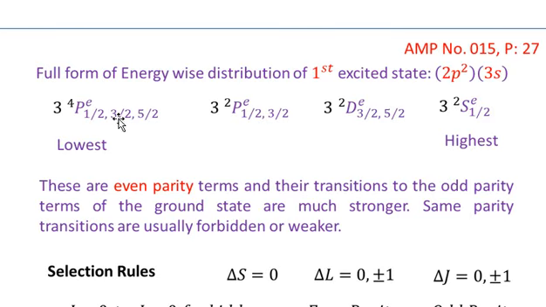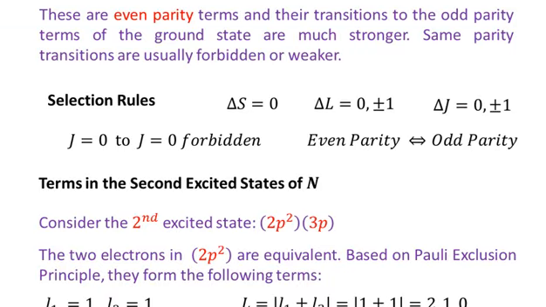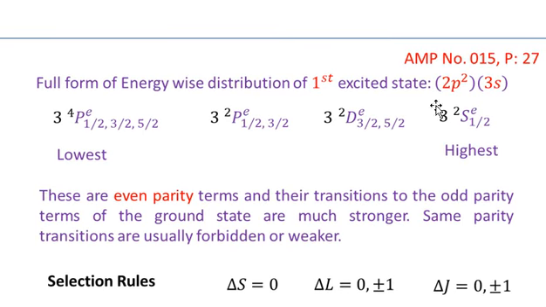So you see that now I have written the value of the total angular momentum J of the atom along with each term. And you see that the lowest value of angular momentum is written first, that is 1/2.